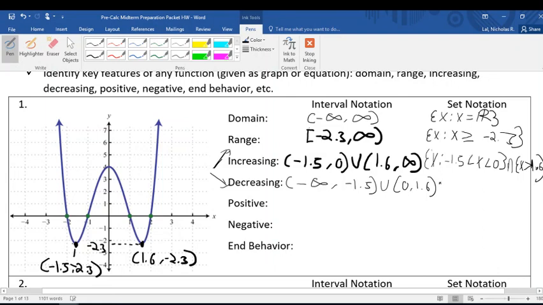For the decreasing set notation, we're going to have x such that x is less than negative 1.5, or x is greater than 0 but less than 1.6.